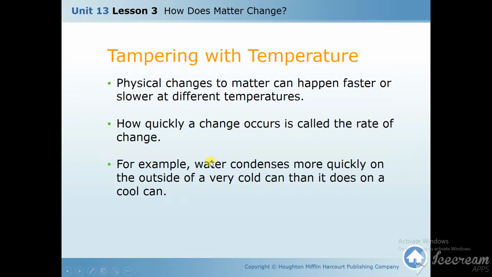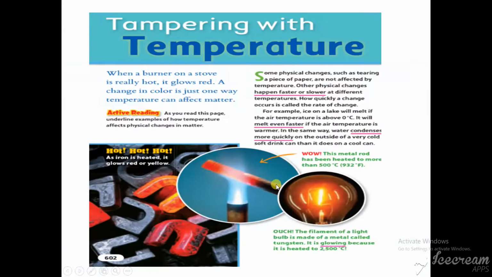For example, water condenses more quickly on the outside of a very cold can than it does on a cool can. When you're comparing the very, very cold can and the cool can, of course, the water condenses more quickly on the outside of the very cold can than on a cool can.